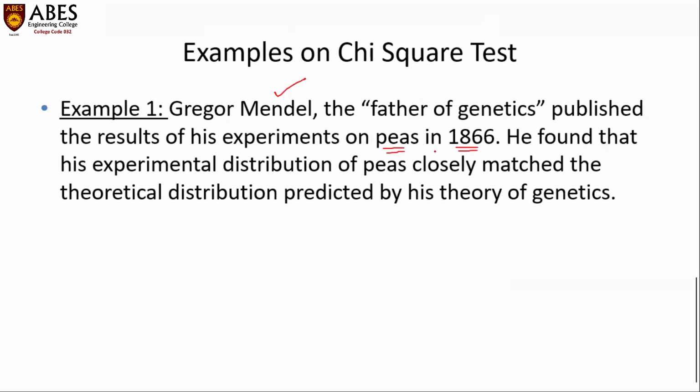He collected a number of seeds and performed an experiment on those pea seeds, and he found that his experimental distribution of peas closely matched the theoretical distribution predicted by his theory of genetics. That is, the ratio in which the pea seeds should be distributed into various categories according to his theory was supported by his experimental distribution of data.